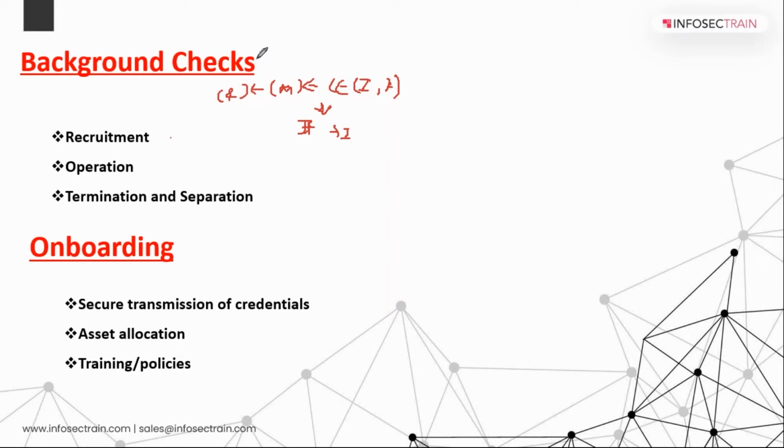We will check for security issues as well. We will check whether the candidate has been screened and a background check performed or not. This is done by your admin and your HR team. Okay, and this policy is also implemented by your IAM.